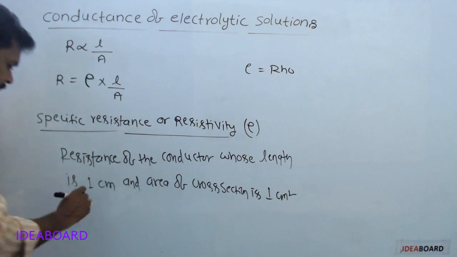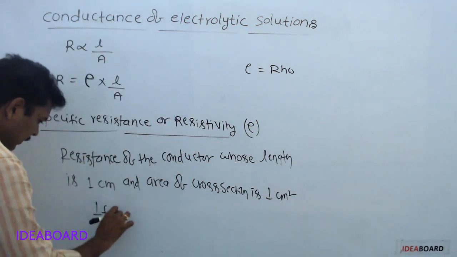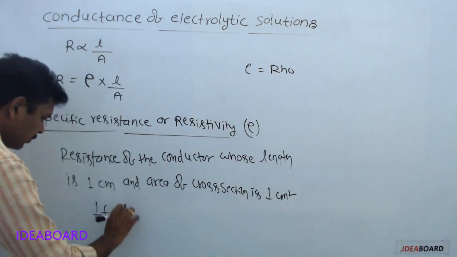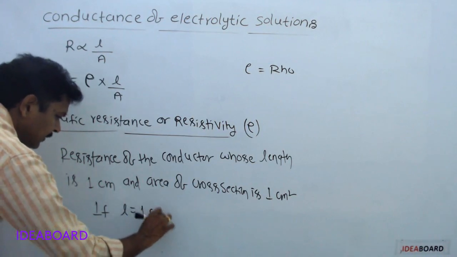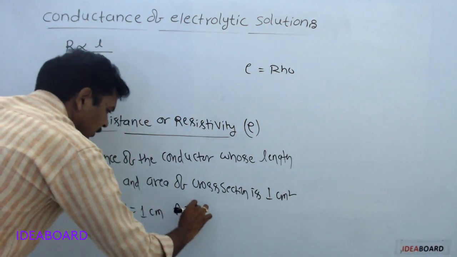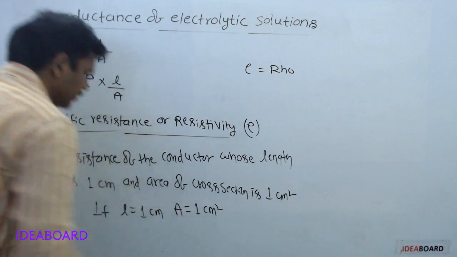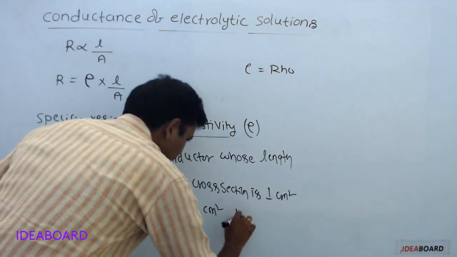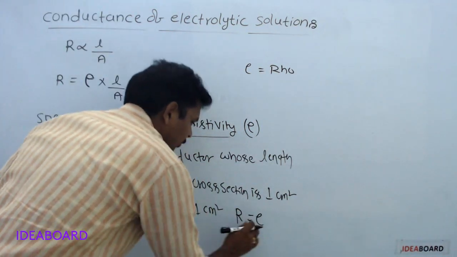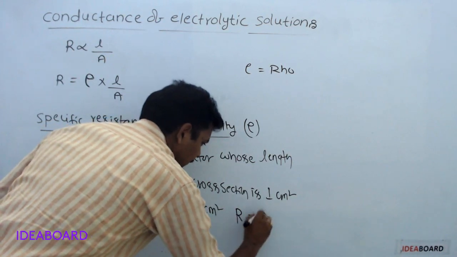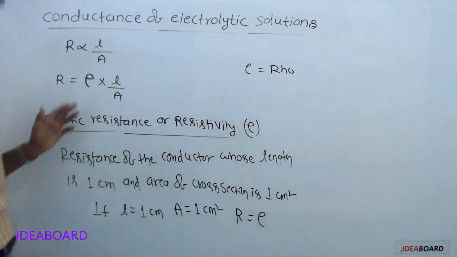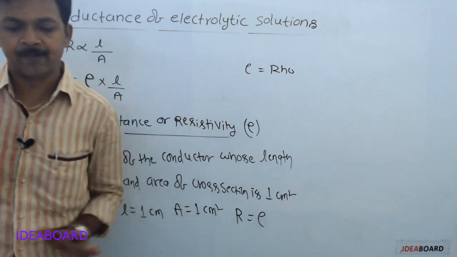Then R is equal to rho. This is specific resistance or resistivity.